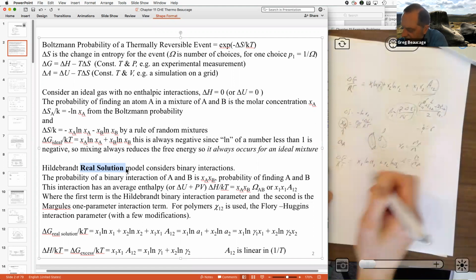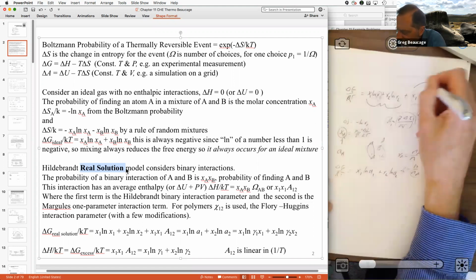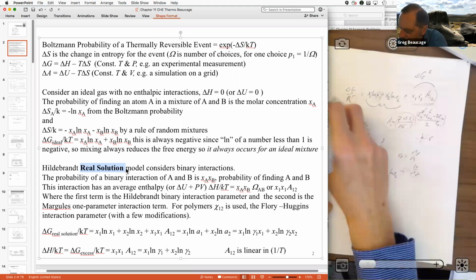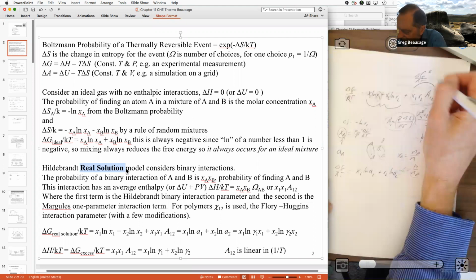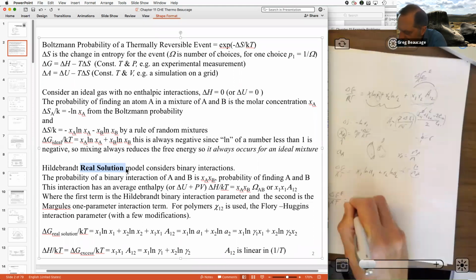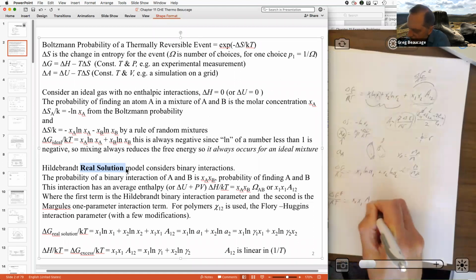Also, from this expression, you can see this is the ideal part, and this part is the excess. So this is the excess Gibbs of mixing over RT. You can write the delta G excess of mixing per RT as this Helmholtz expression, or Margules expression.